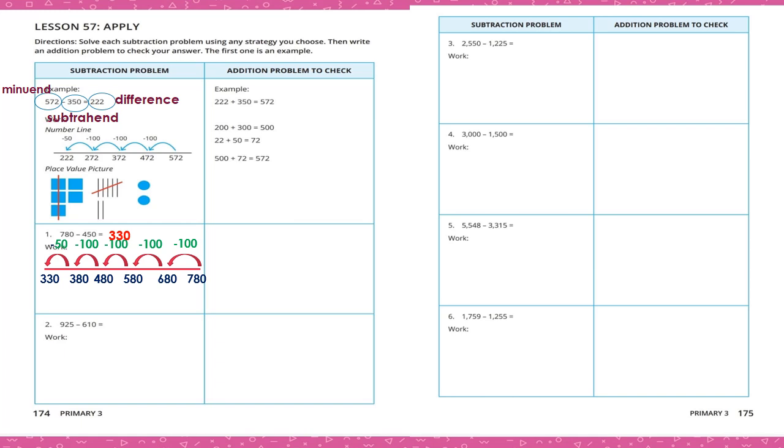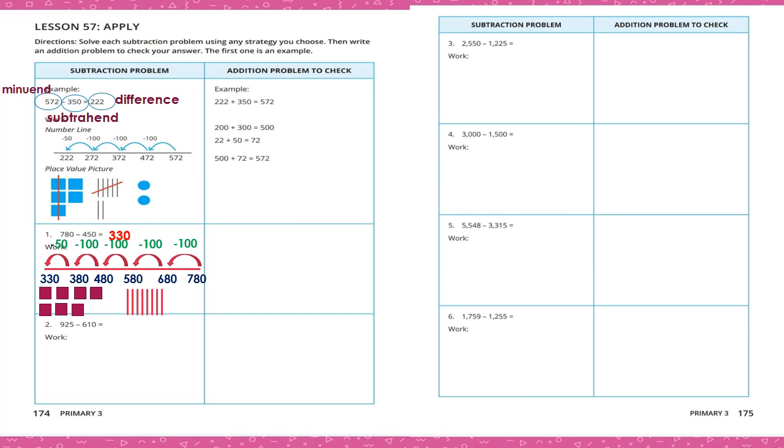Also, you can use the place value picture. Okay, 780, let's make it 700. It means 7 big squares. 8 in tens or 80, it means 8 sticks. 0 in ones, so I don't make anything in the ones.